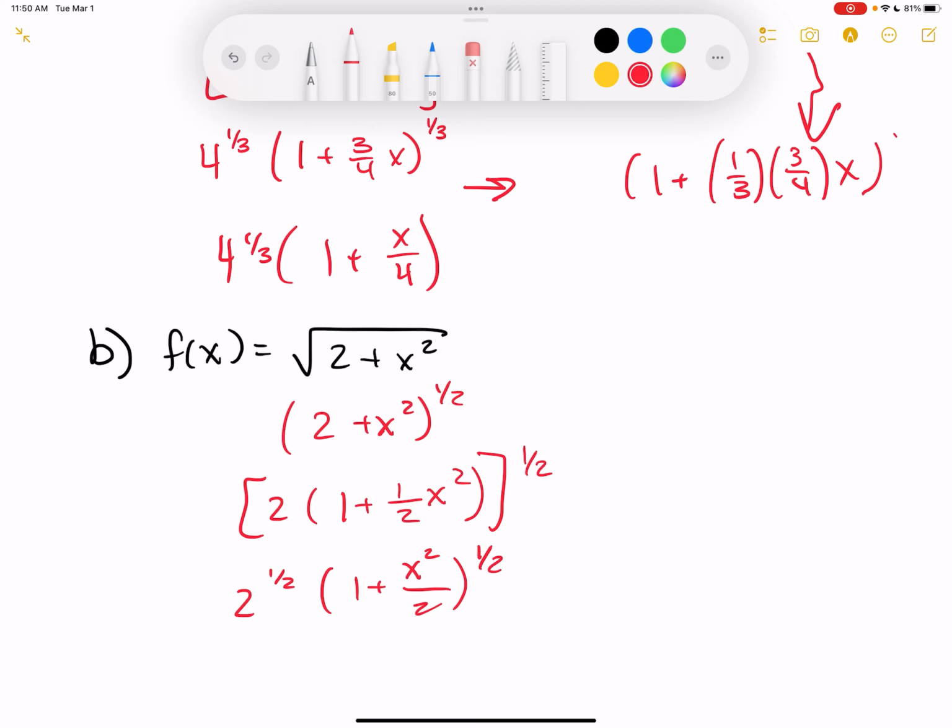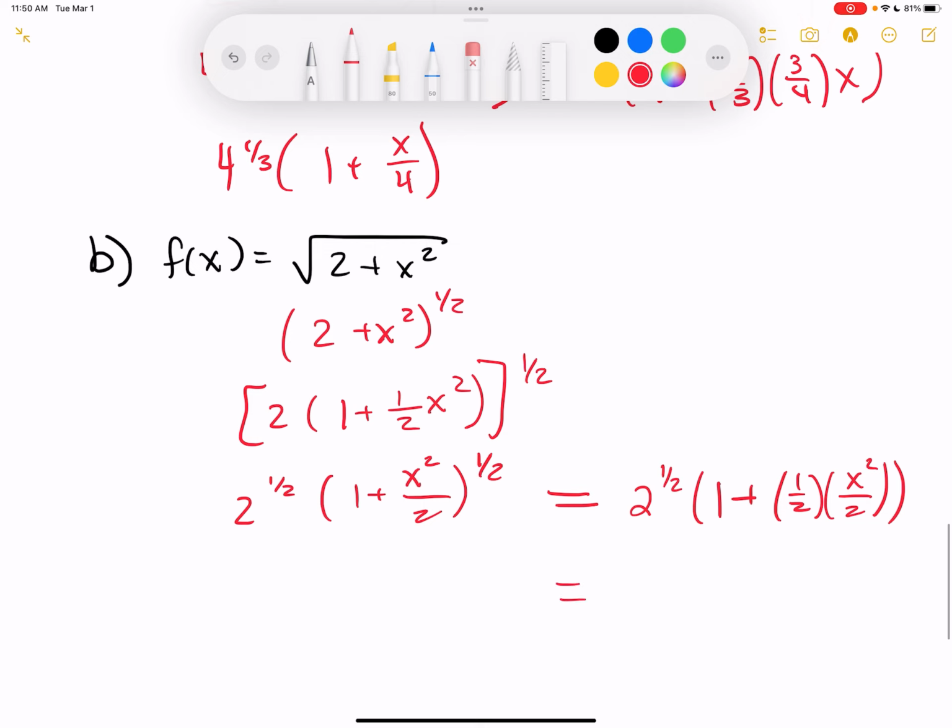And really, I think a better way to write it would be like this. That right there is equal to 2 to the 1/2 times 1 plus 1/2 times x squared over 2. I think that would make the most sense to write it this way.